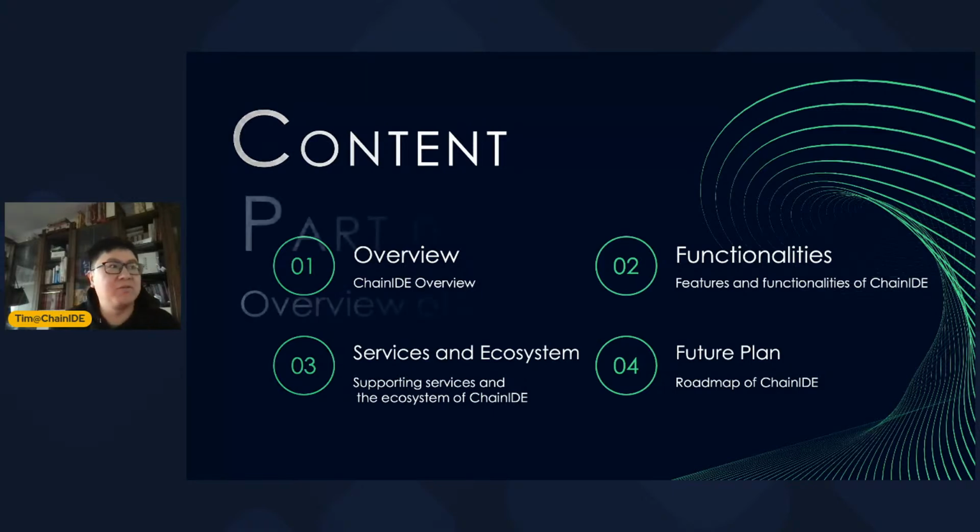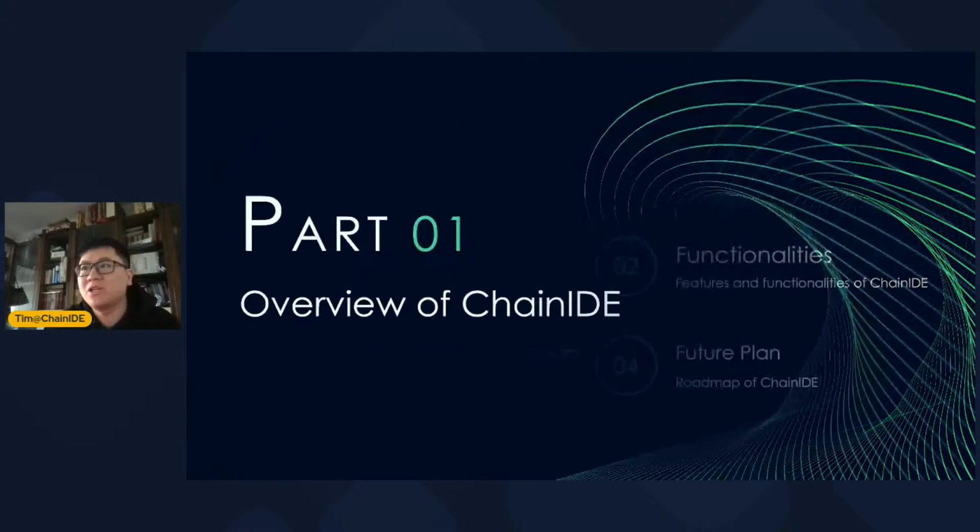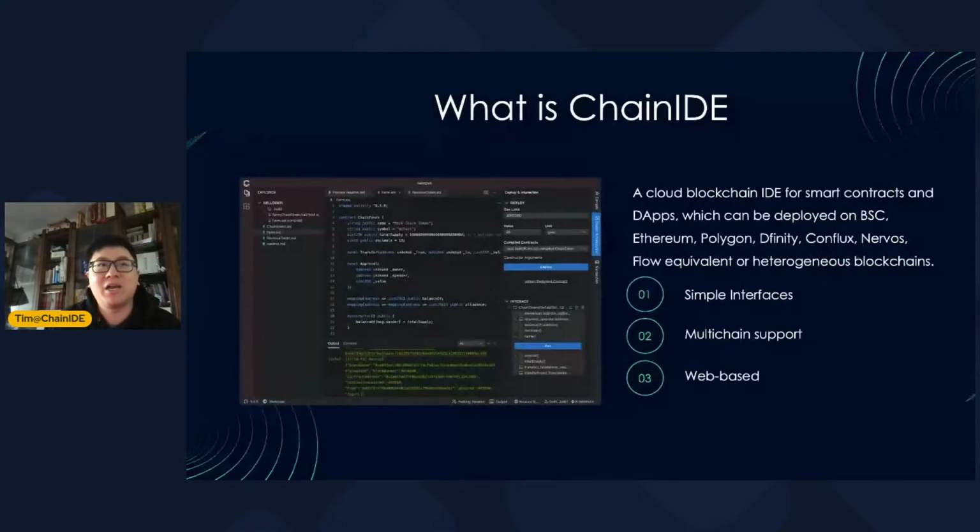The first part is the overview. So what is ChainIDE? It is a cloud-based blockchain IDE for smart contracts and dApps, which can be deployed on BSC, Ethereum, Polygon, Dfinity, Conflux, Flow, and equivalent chains, and all other blockchains. It is a multi-chain IDE, and for each different blockchain, we have a specific version.